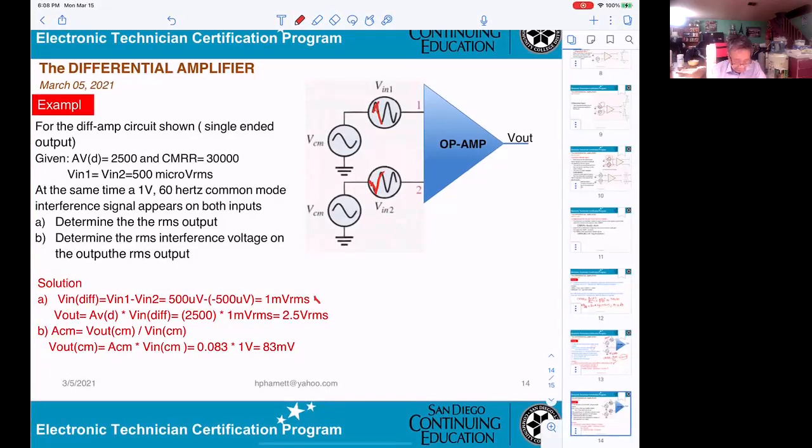So you get 1 millivolt. Then V out equals AVD times V in differential. AVD is 2500 times 1 millivolt RMS, and you get 2.5 V RMS.